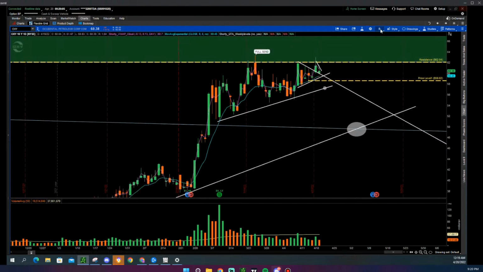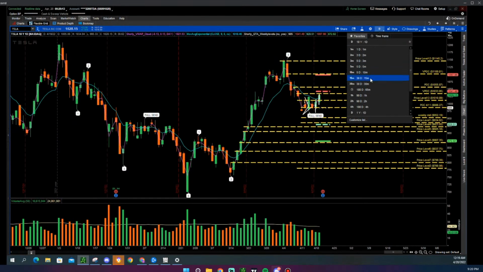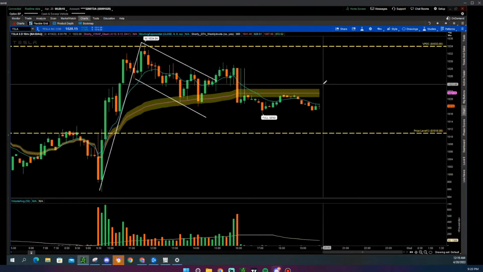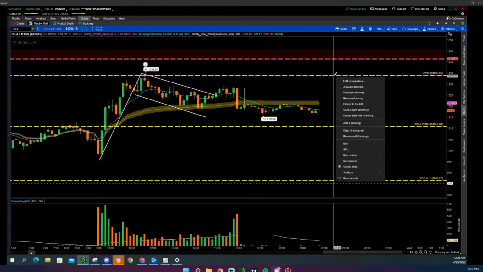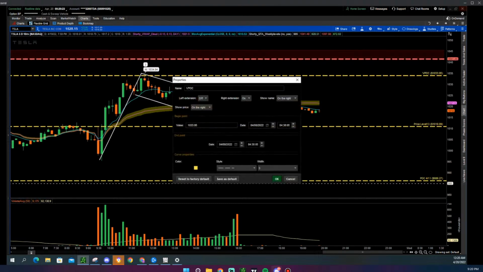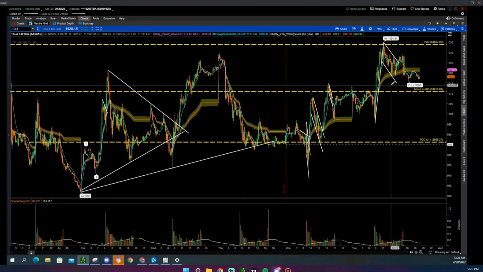Did you look at Tesla, Shorty? No, we can't. 1033 is the level. 1035. Oh, there it goes. It's no longer 1033. And half. So double bottom.